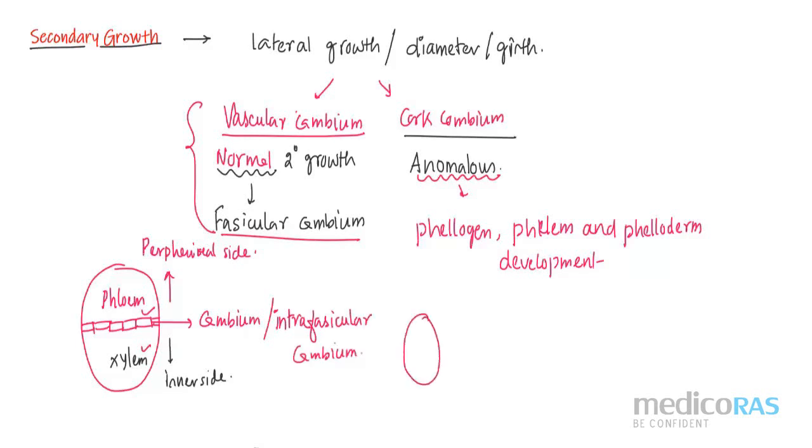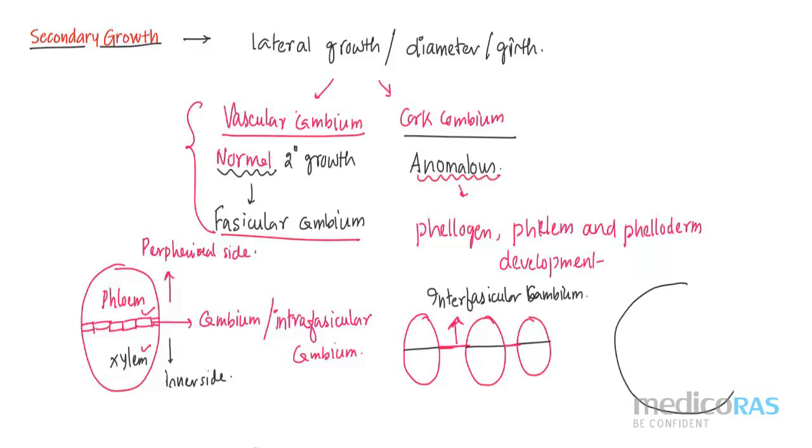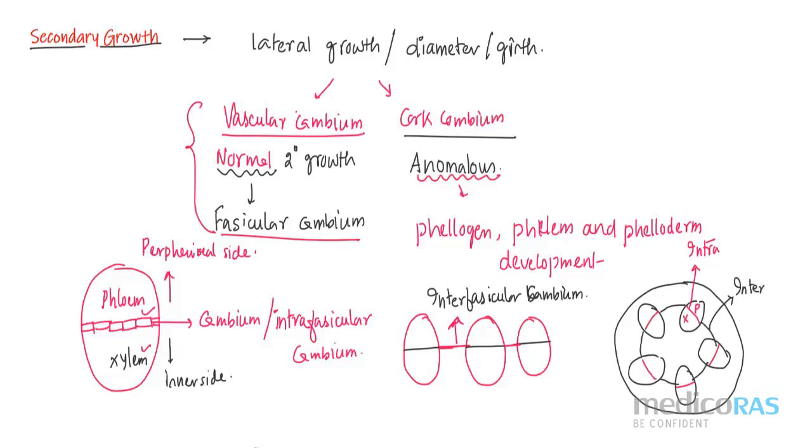If different vascular bundles are present, the intrafascicular cambium can join together and make another structure known as interfascicular cambium, which can connect all vascular bundles. In the vascular region, if there are many vascular bundles, then all of them are linked together with the help of the interfascicular cambium and the intrafascicular cambium, forming a ring-like structure known as the cambial ring.